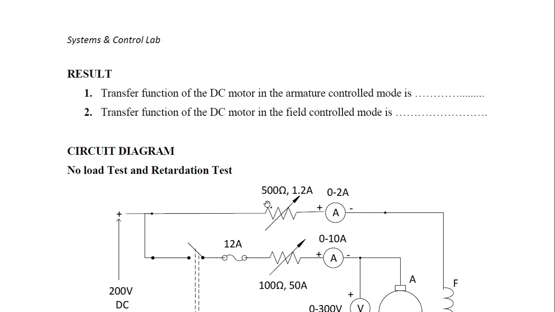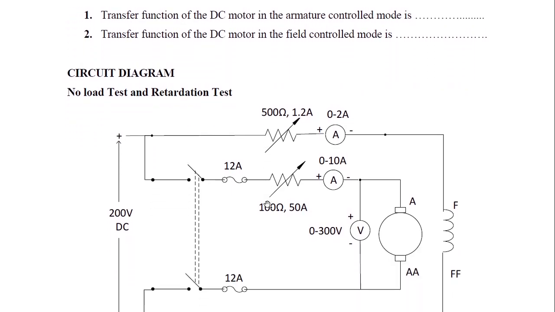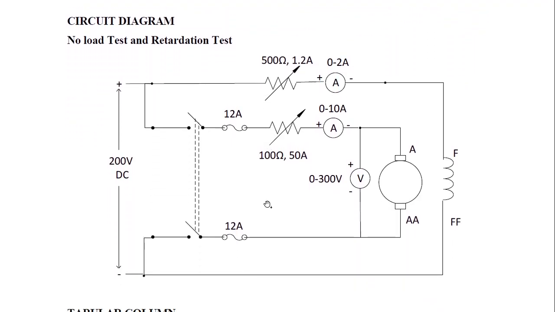So initial conditions means, first of all, in the no load test we are always keeping this armature rheostat, this 100 ohm 50 ampere rheostat, known as the armature external rheostat, connected in series with the armature of the DC servo motor, at maximum position.